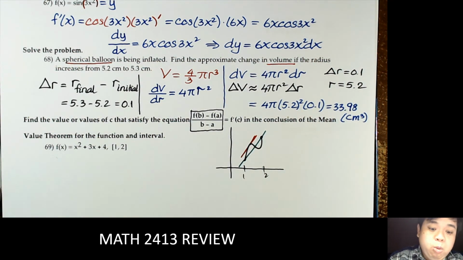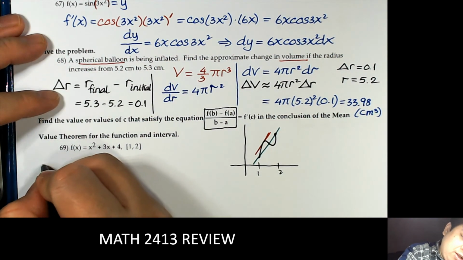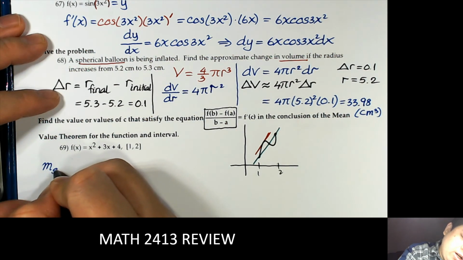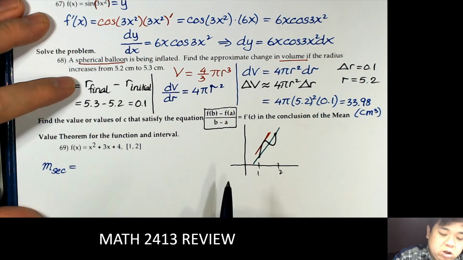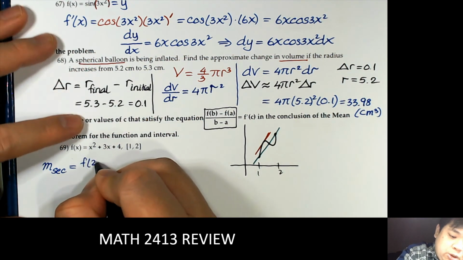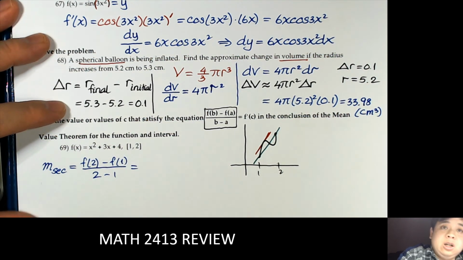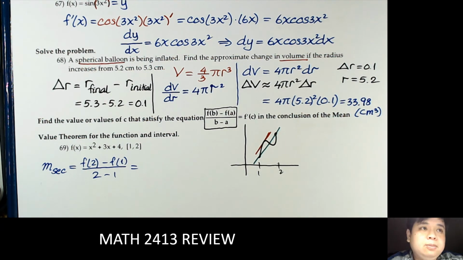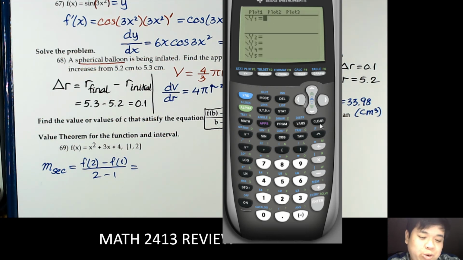So pretty much we're going to do both. First we'll find the slope of the secant line, or the average value of the function. So we take the value at 2 minus the value at 1, over 2 minus 1. I just want to do this so we can review.